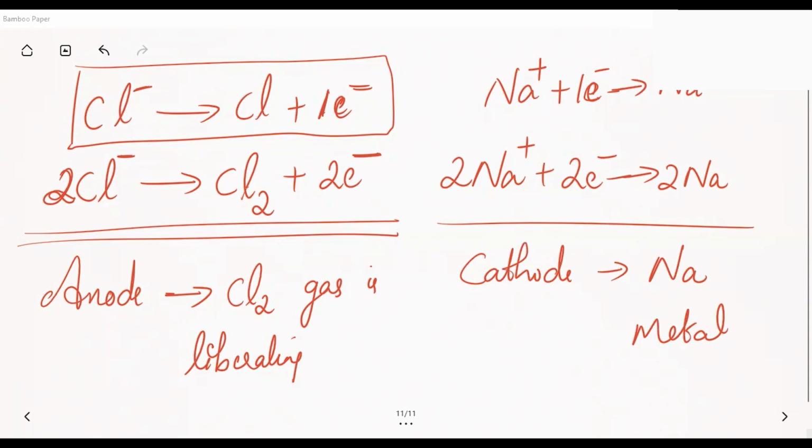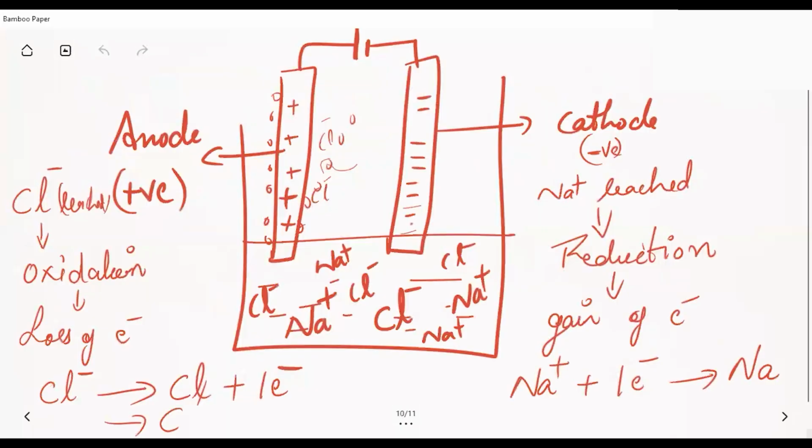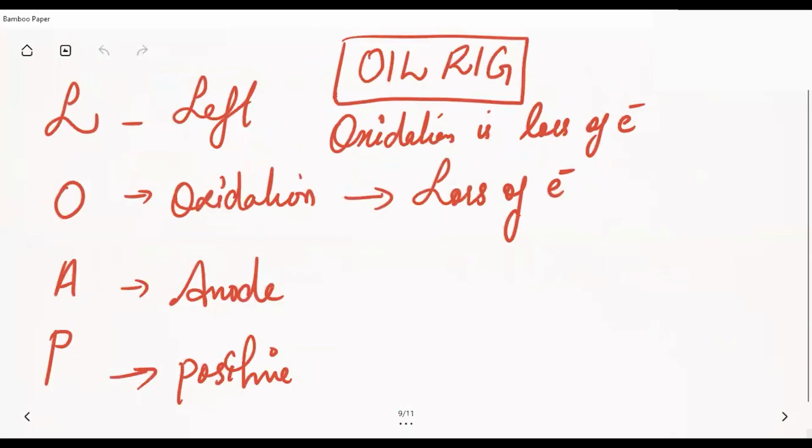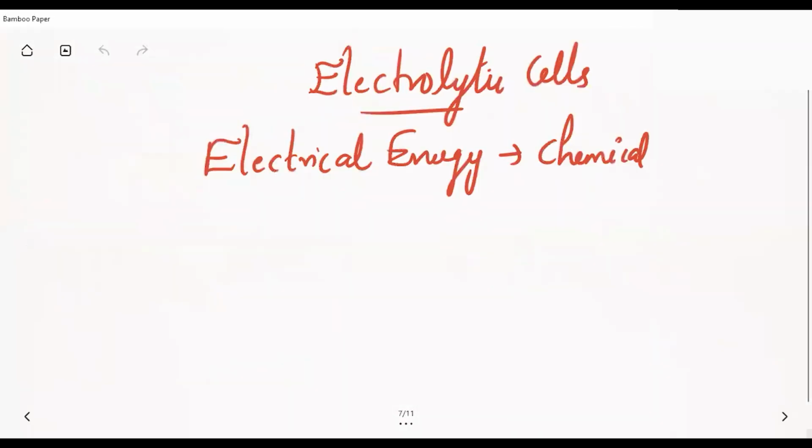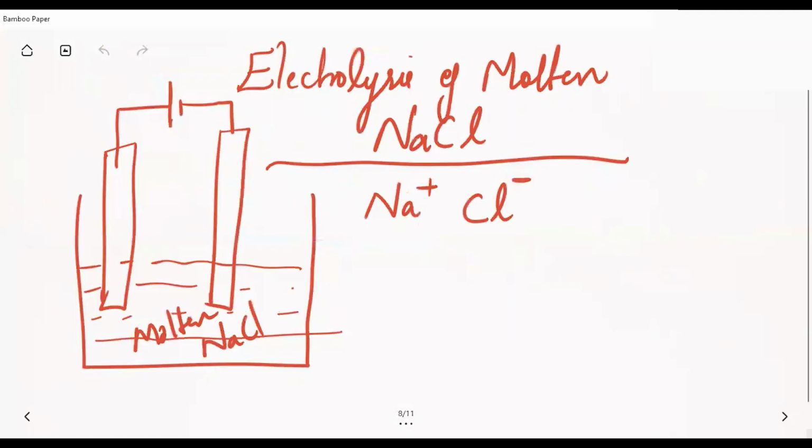Very simple, right? When you understand the concept, it is very simple. First of all, understand that electrolytic cells are cells used to convert electrical energy to chemical energy. When you pass electricity through molten sodium chloride, there will be only two ions, sodium ions and chloride ions.